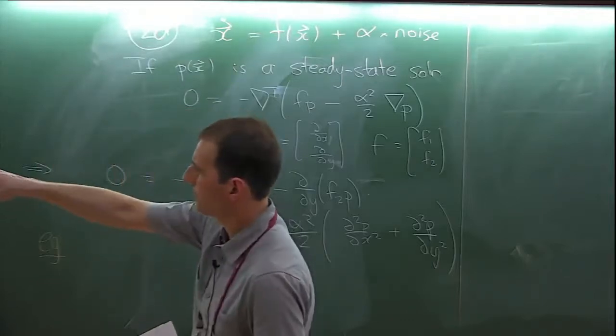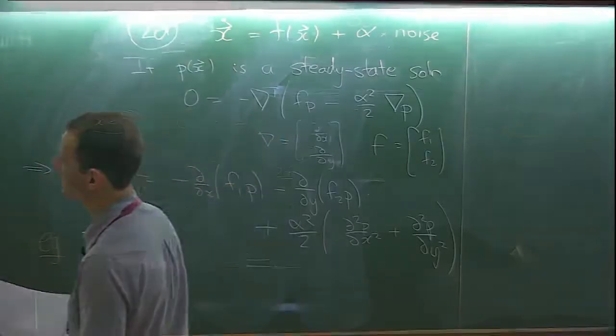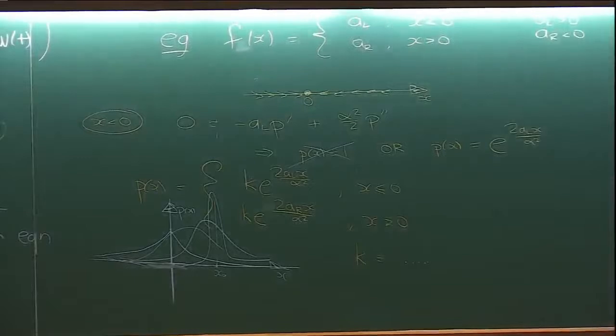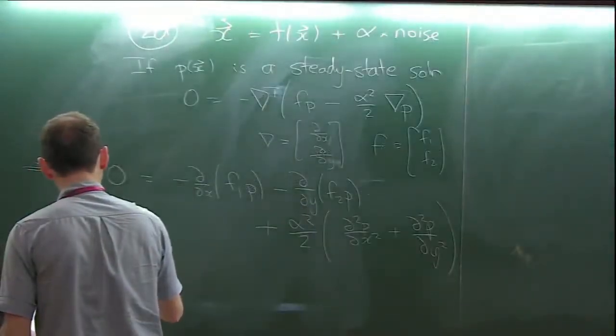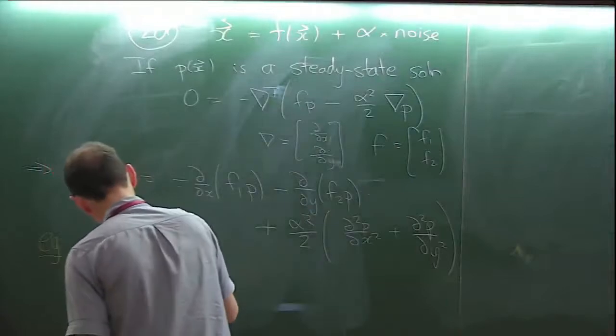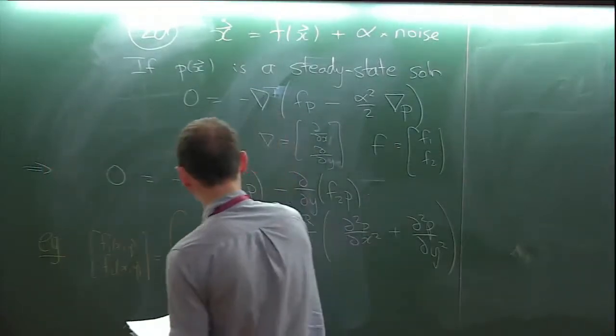So if we do this for our piecewise constant vector field at the start, F1 equals, and it's got 4 pieces to it.